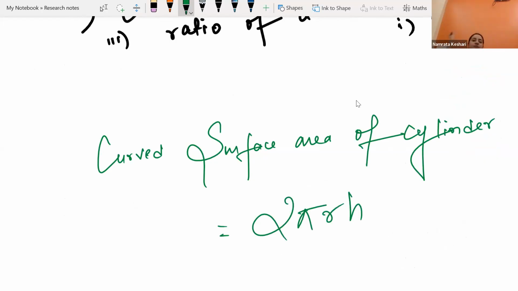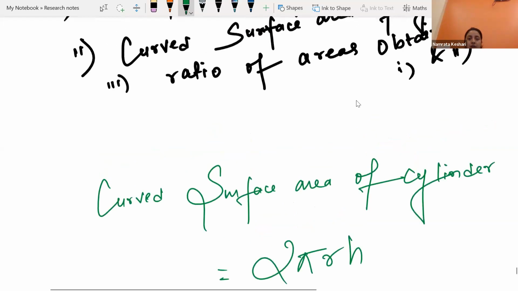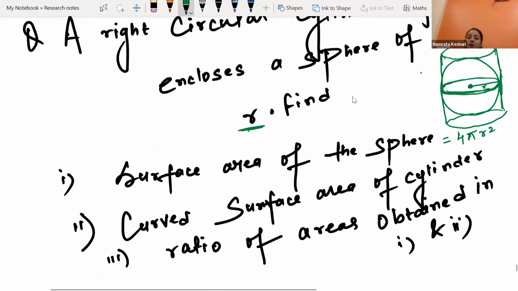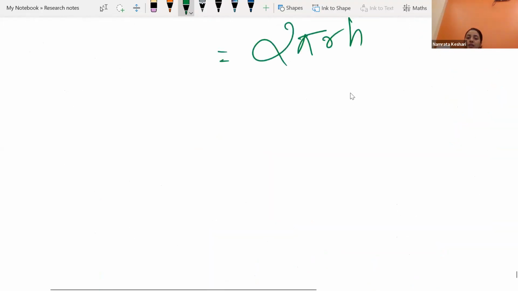Up on the top there was a circular lid, and on the bottom there was a circular lid. Due to that, total surface area formula we were getting 2 pi rh plus 2 pi r square, which after taking common will be 2 pi r in bracket r plus h. But this is the formula for curved surface area of the cylinder. Yes or no? Yes, ma'am. Everyone, are you able to recall the formula for curved surface area of the cylinder?